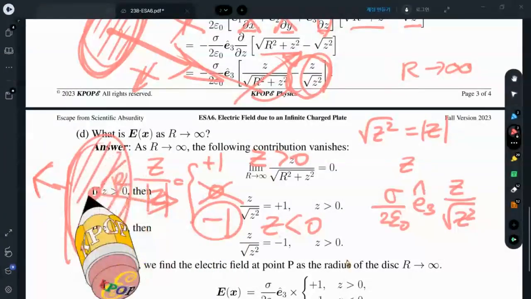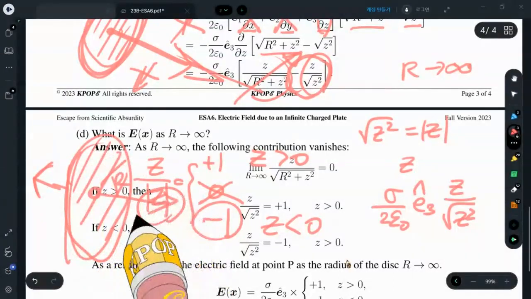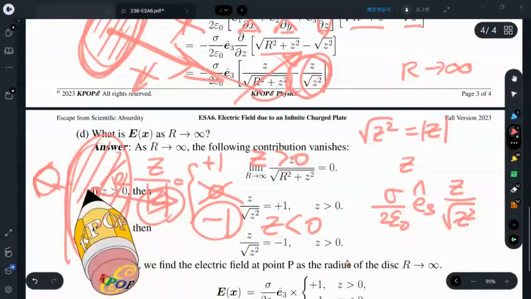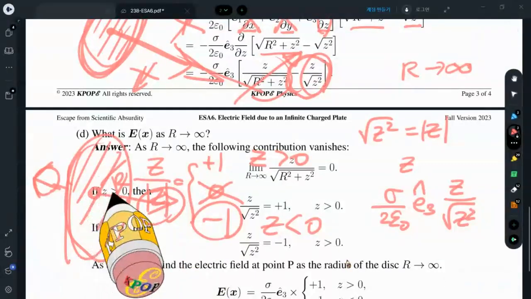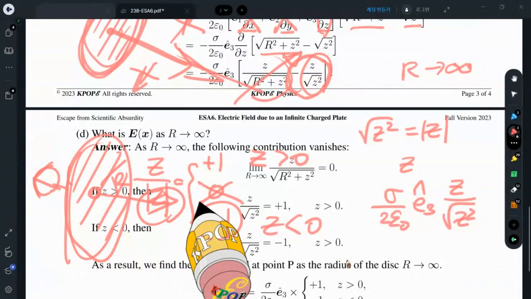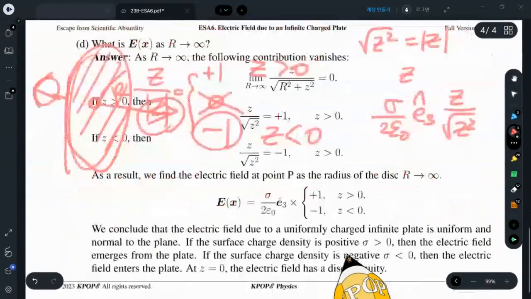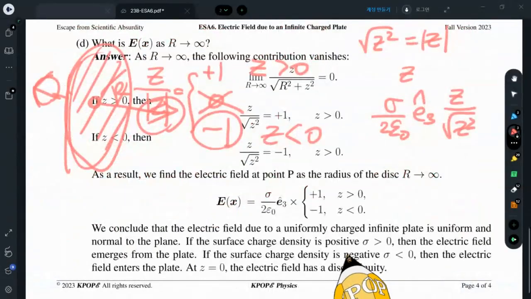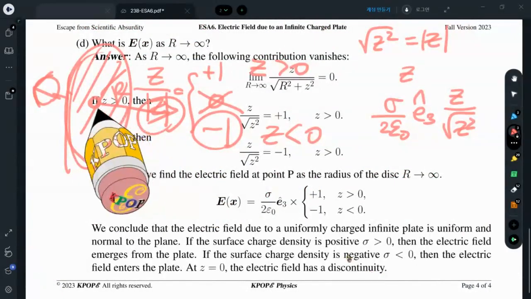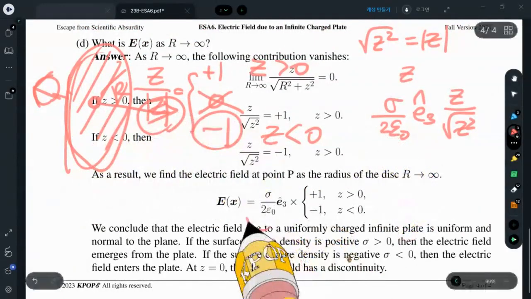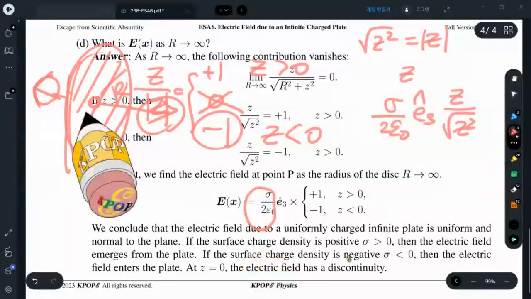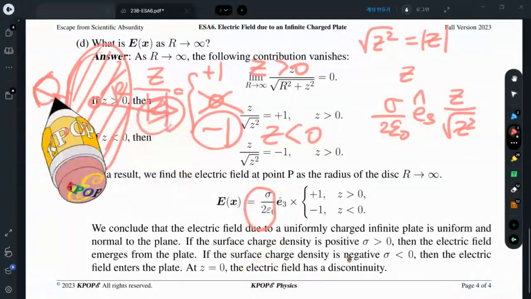We assume this plate is very thin, so the electric field diverges from the plate to the outside. That is very, very important. So an infinite plate generates an electric field along the normal direction, whose magnitude is constant, but their directions are opposite.